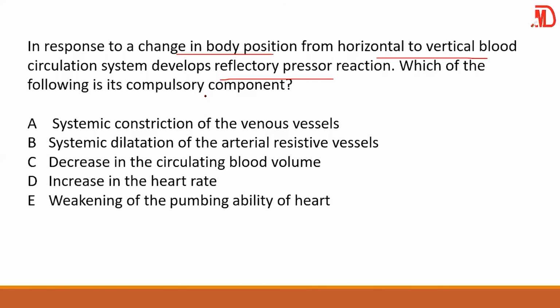So which of the following is the compulsory component? We are thinking of vasoconstriction in order to make sure that blood goes back into the heart. So the answer is what?